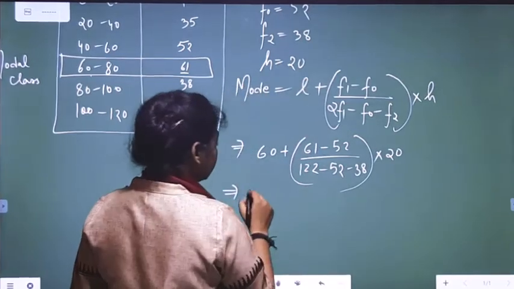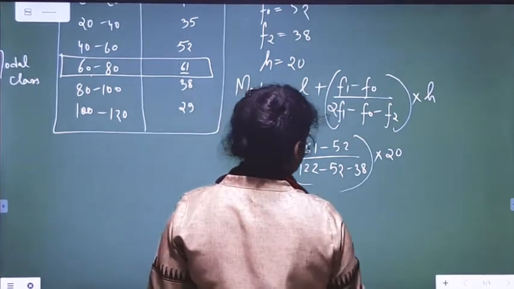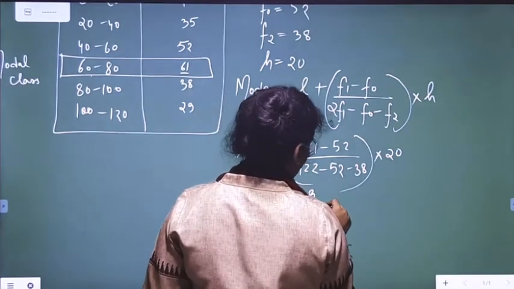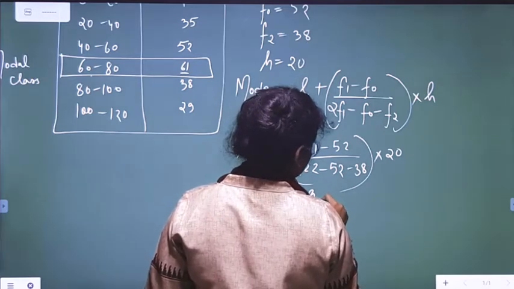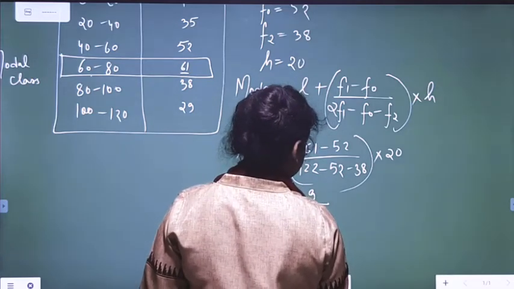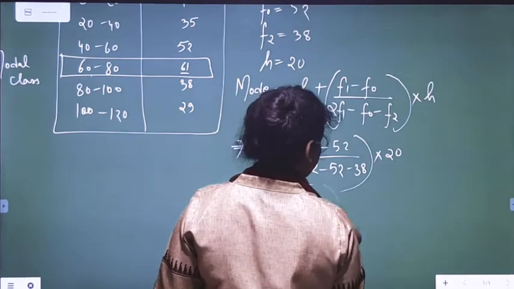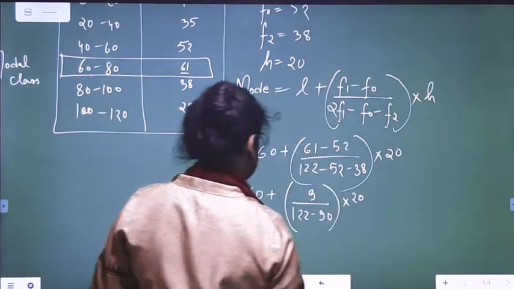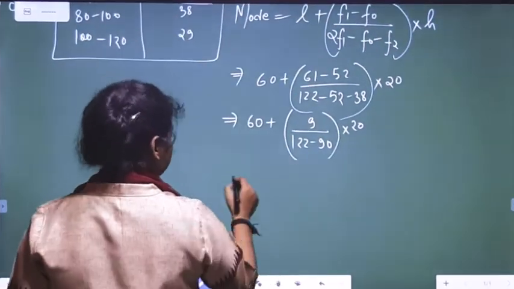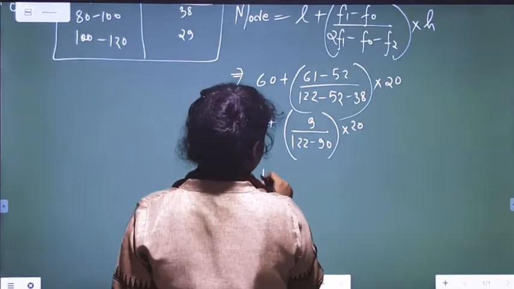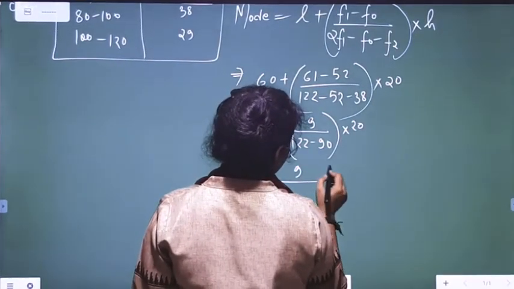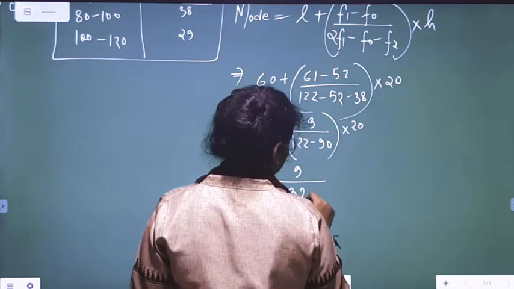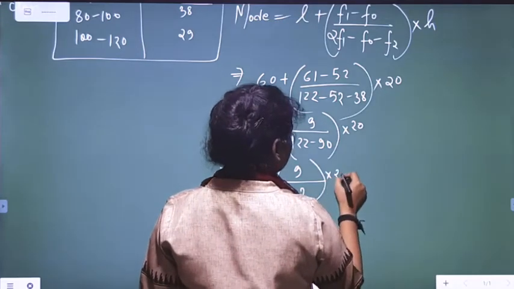On solving this, 60 plus 9 upon 122 minus 90 into 20, 60 plus 9 upon 32 into 20.